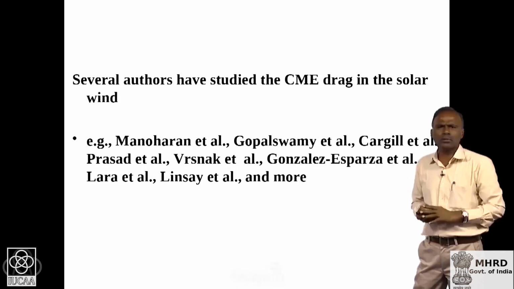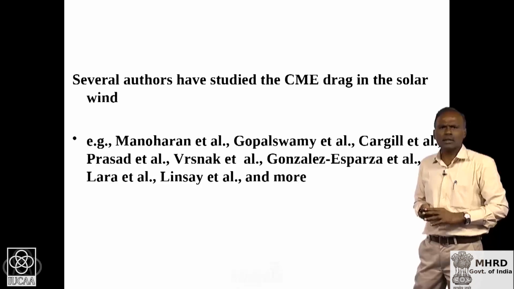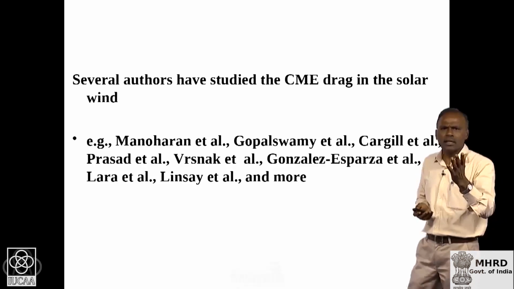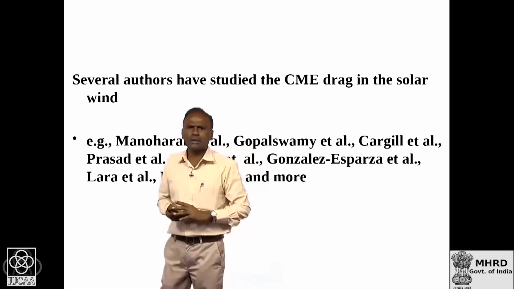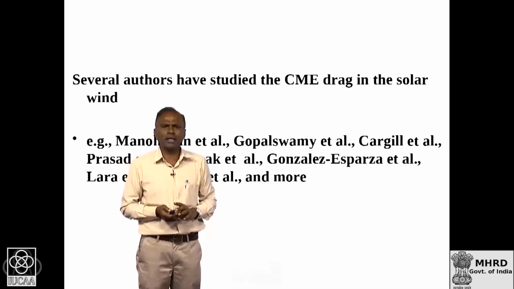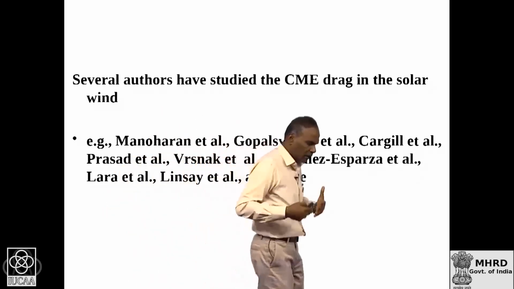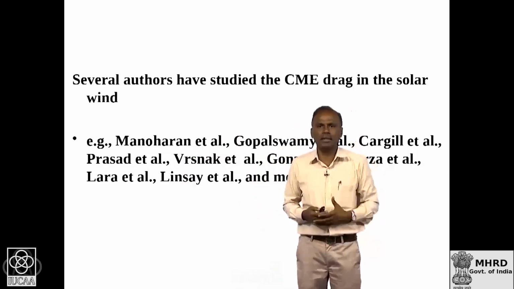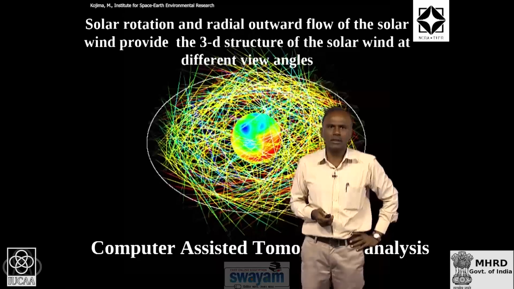For example, Manoharan et al., Gopalswamy et al., Gargil, and Prasad and Versenak, Lindsay, Lara, they all studied the drag imposed on CMEs due to the ambient solar wind. So that plays an important role in shaping the speed profile of the coronal mass ejection.